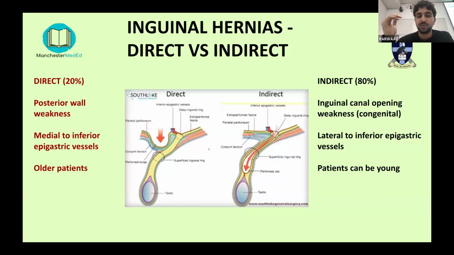So the best way I think of it is that direct, perpendicular out of the abdomen, is one that's just affecting the posterior wall. Surgically, the only way to differentiate them is that direct inguinal hernias are medial to the inferior epigastric vessels, whereas indirect are lateral. But I wouldn't worry too much about that. Mainly, most of them are indirect in younger patients, about 80%, and they're usually due to congenital wall defects, so rings that haven't closed up over time. And older patients tend to have direct inguinal hernias. Okay.